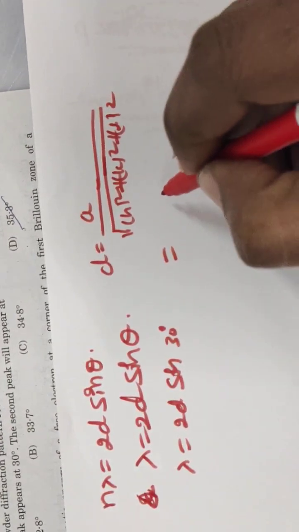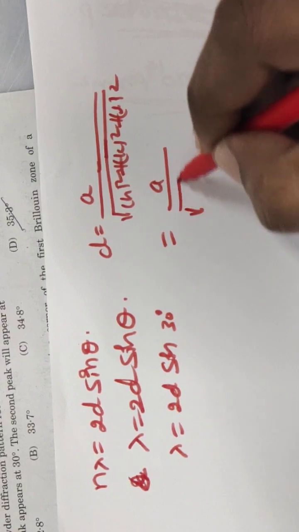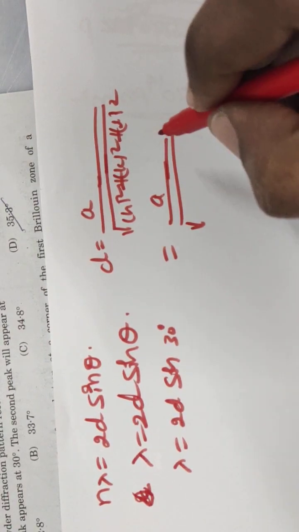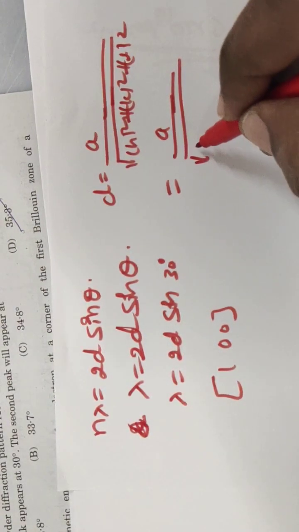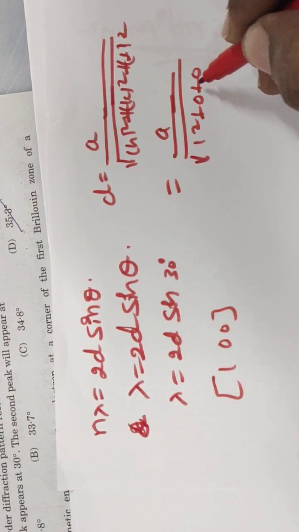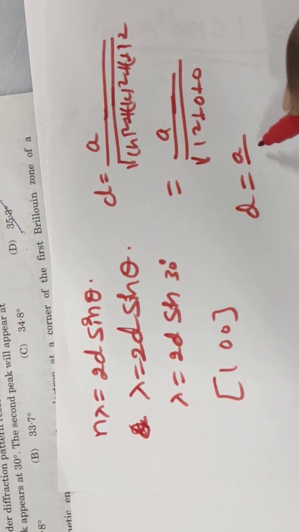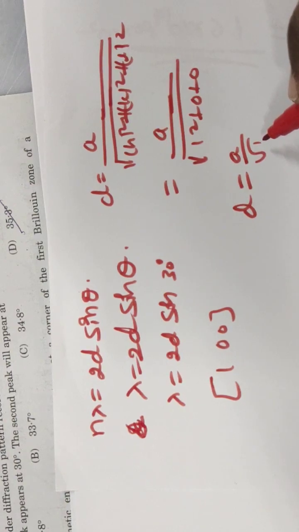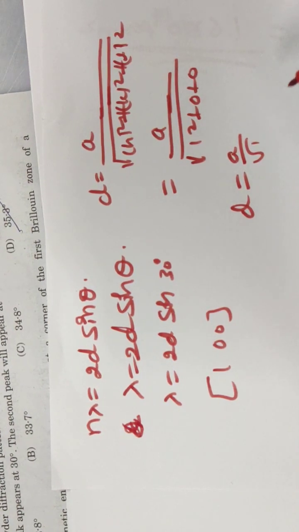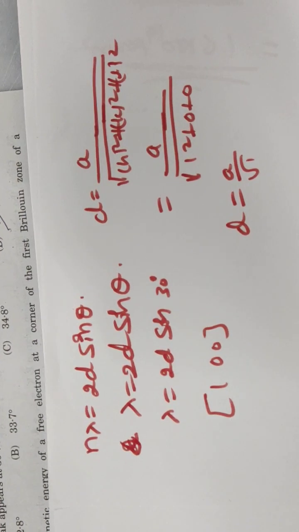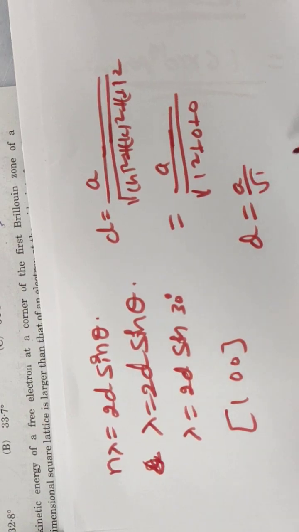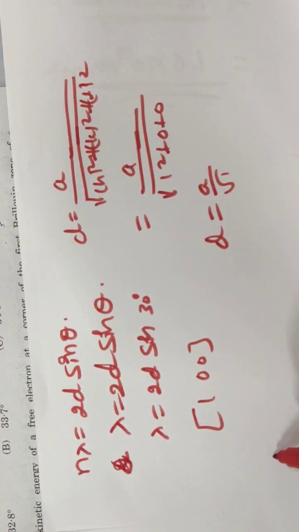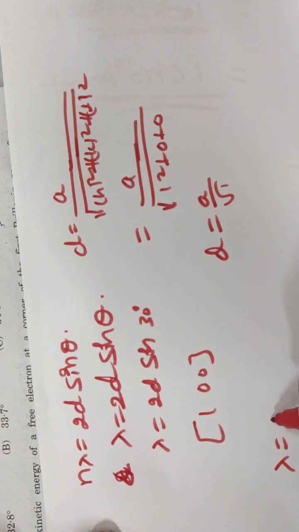So which is equal to a divided by, for the first peak, Miller indices 100. So 1 square plus 0 plus 0. So d is equal to a divided by root 1, so therefore d is equal to a. D is equal to a and lambda is equal to 2d sine 30 degrees.